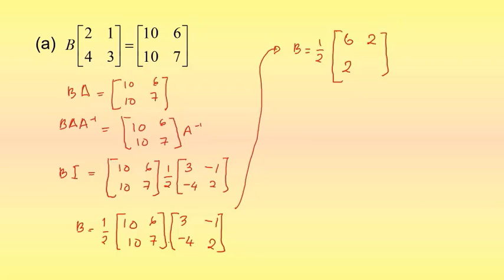Okay, next the last entry, 10 times 1 and 7 times 2. So just add it, 4. And then multiply with this scalar. So we have 3, 1, 1, and 2.